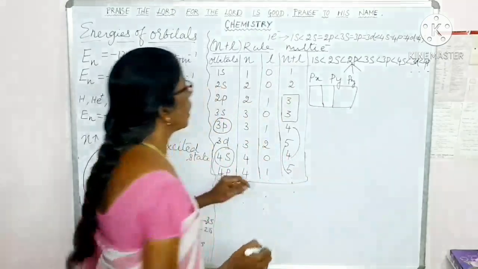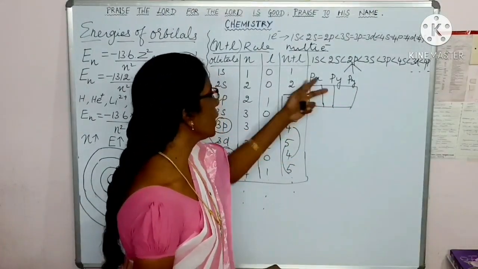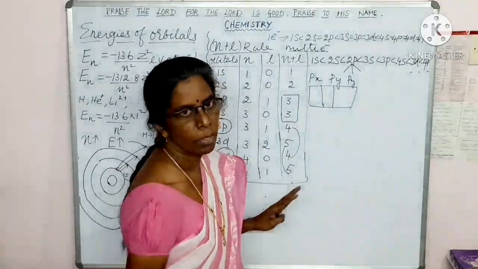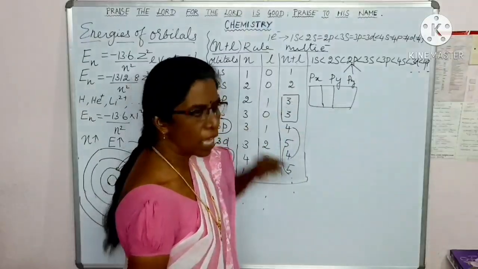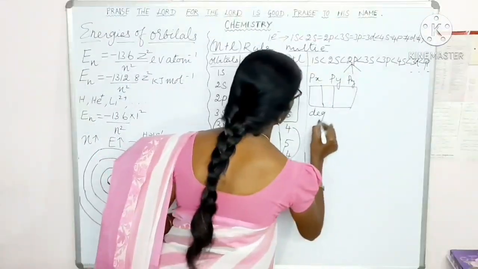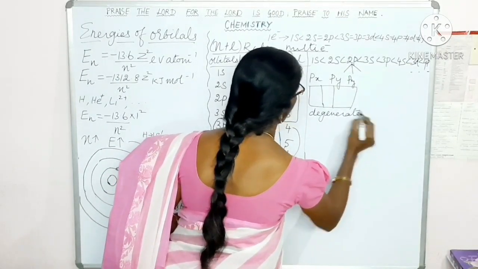Now what I want to tell you is that for all the 3 p orbitals, even though the orientations of the electrons are different, the energy will be the same. So when the orbitals have the same energy, they are called degenerate orbitals.